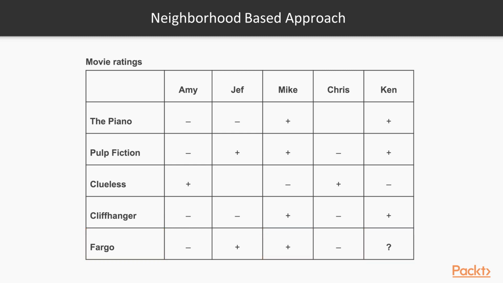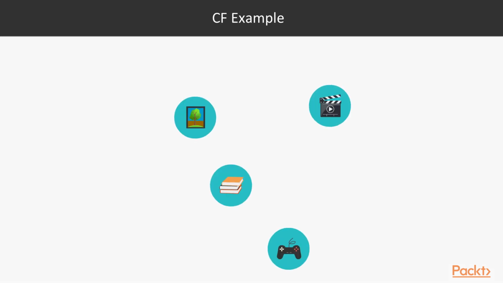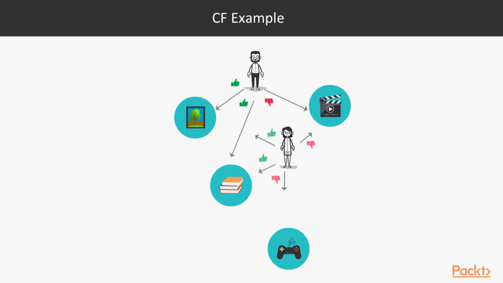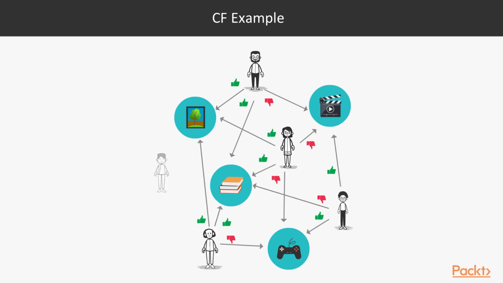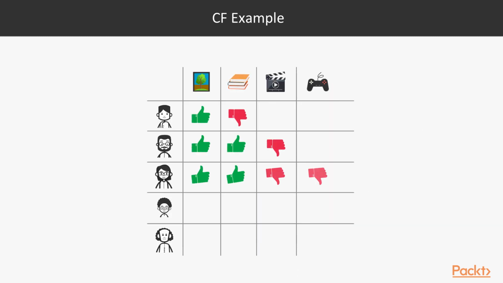And we will be using that approach in the Apache Spark program. But before that, let's consider an example. This example shows predicting a user rating using collaborative filtering. At first, people rate different items like videos, images, games.